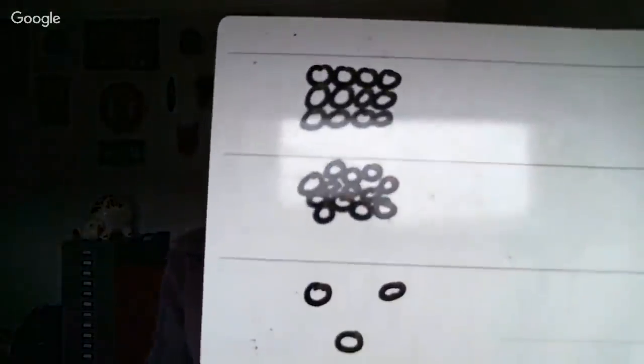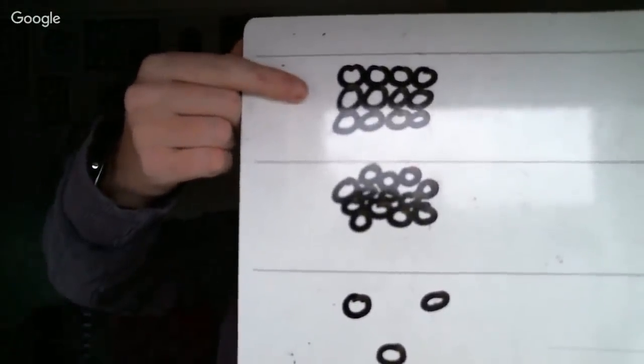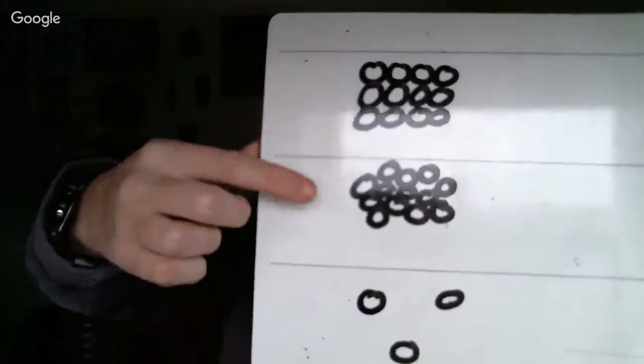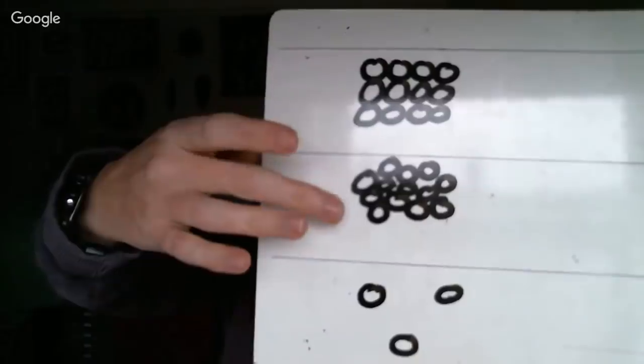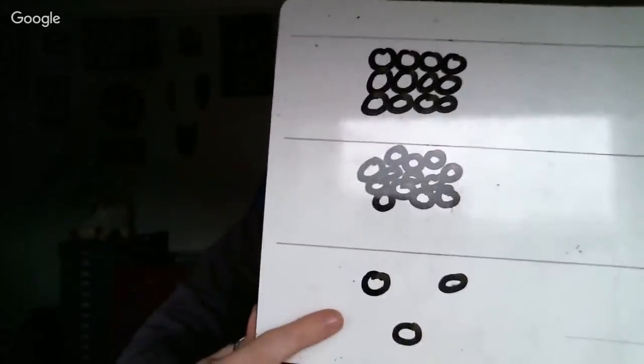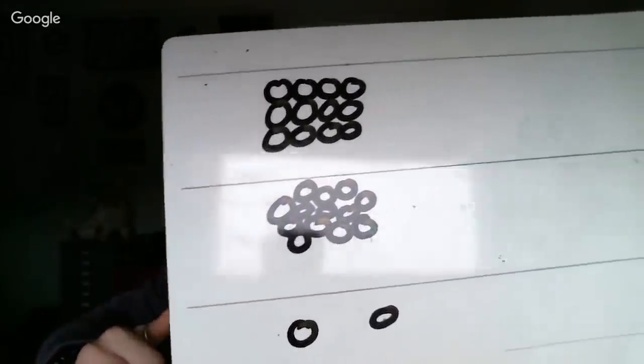So hopefully we do remember that when we're looking at our particles, this is how we're going to draw our little particle model. Solids at the top, all nice, neat rows, nice and close together, all touching. Then we've got our liquids, again very close together, touching, but not in a regular arrangement. And then the gas at the bottom, which is in this random, very spaced out arrangement.